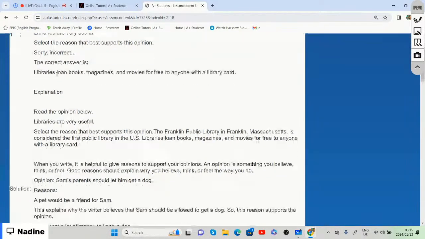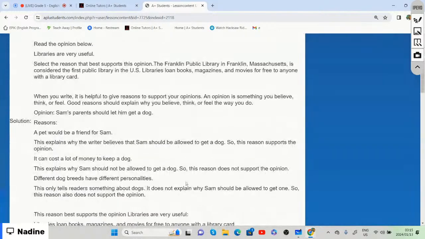And we did say that when you write, it is helpful to give reasons to support your opinions. An opinion is something you believe, think, or feel. And good reasons should explain why you believe, think, or feel the way you do.